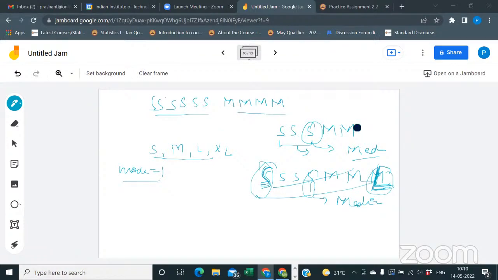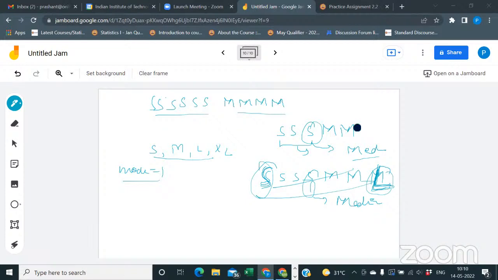Second, sir, in this question, the 22nd number jersey, which is small, is the median.